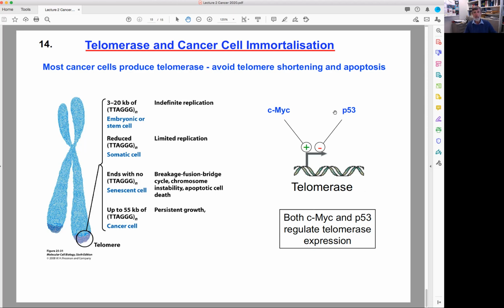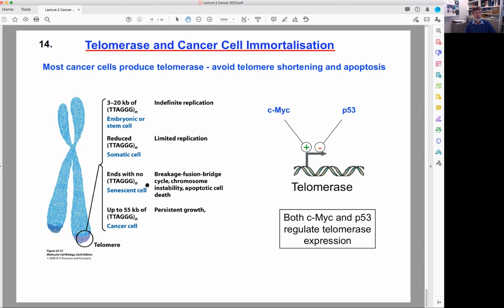And of course, the tumor suppressor factor p53 does the opposite thing. It represses the expression of telomerase, so that inactivating mutations to p53 are also going to promote increased expression of the telomerase gene, maintaining the length of the telomeres that you see in cancer cells. So both c-Myc and p53 regulate telomerase expression.